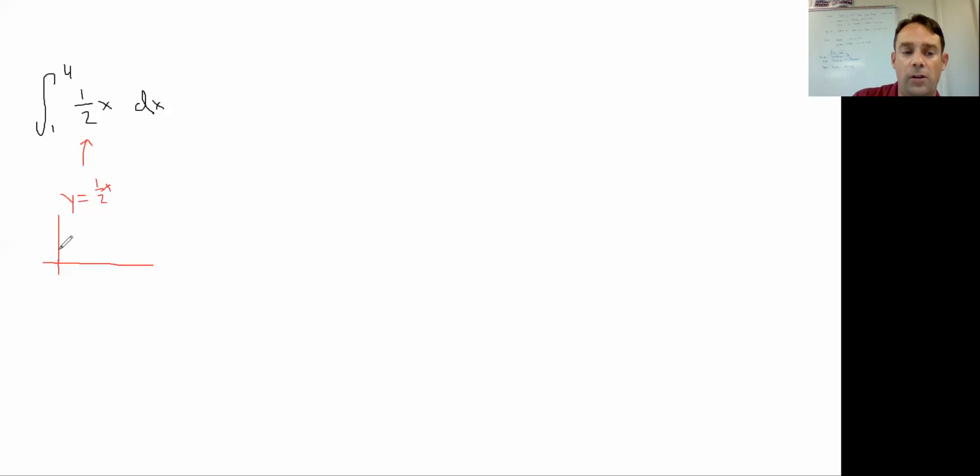If I look at this function, I start at 0, 0. I go up 1 over 2, up 1 over 2. What I'm really asking you here is to find the area under this curve. Well, this curve, friends, it's just a triangle.